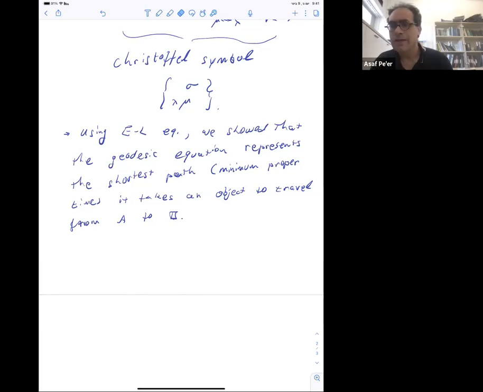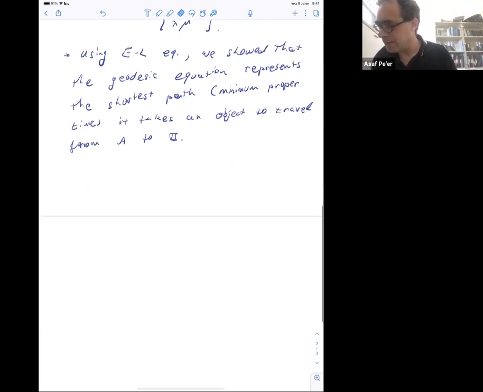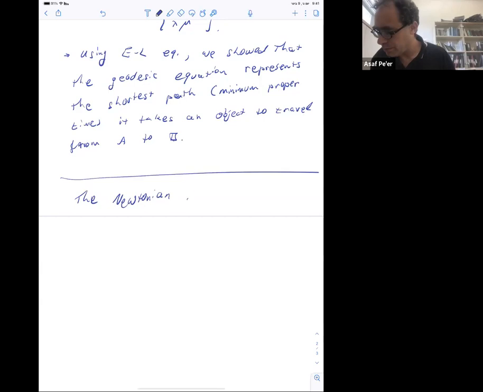Okay, then, as I promised you, I want to do now what's called the Newtonian limit, or the technical term, the weak field approximation.